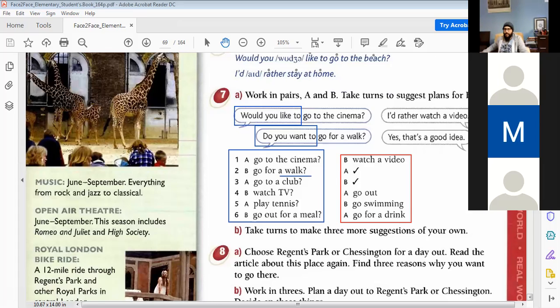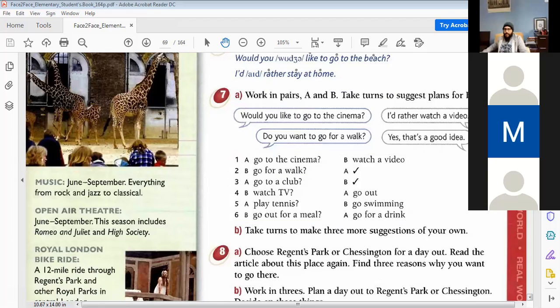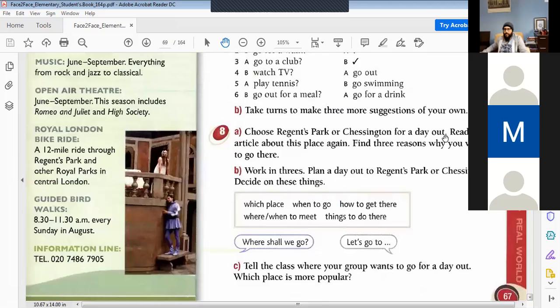All right, nice. Now let's take a look at number 8. So it says here, choose Regent's Park. Read the last place. Okay, so this is also very nice.